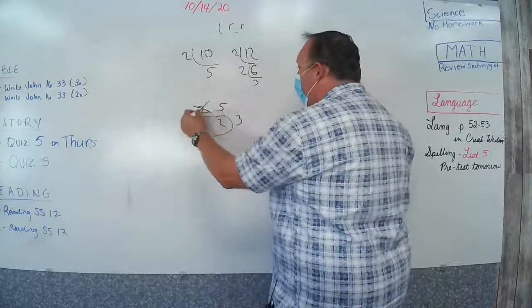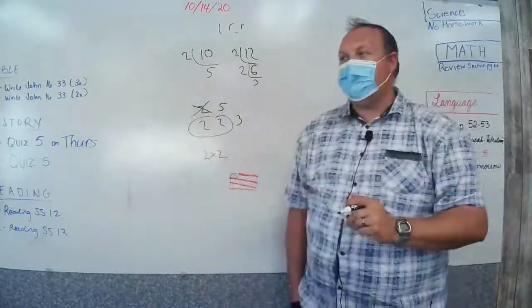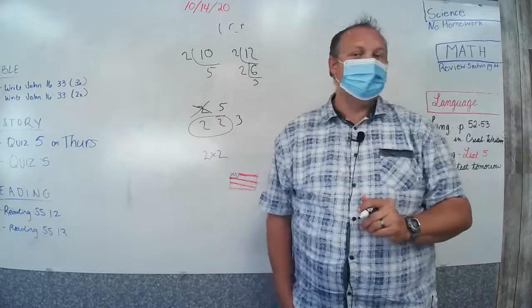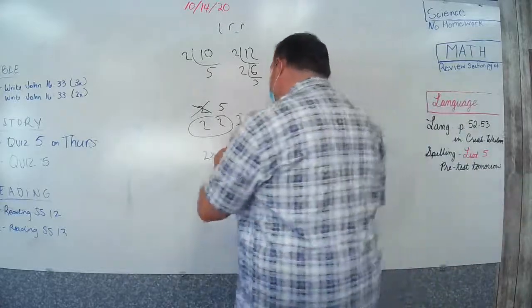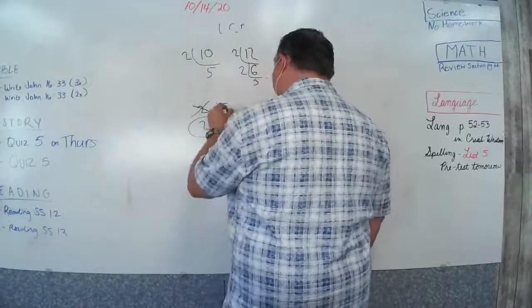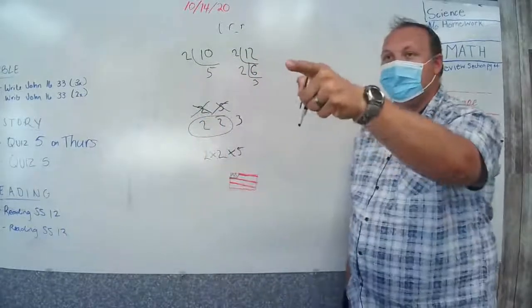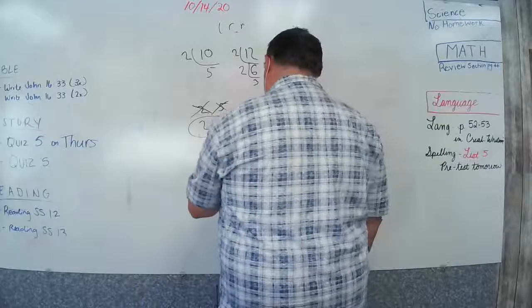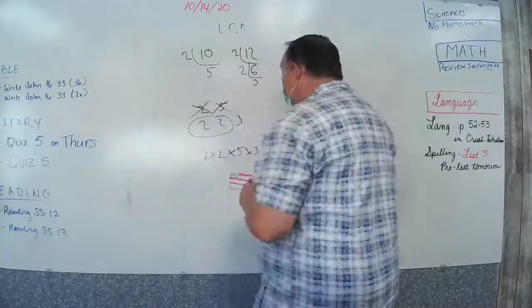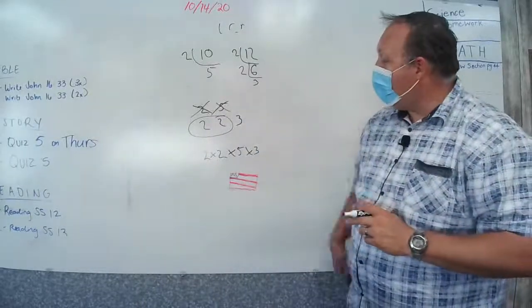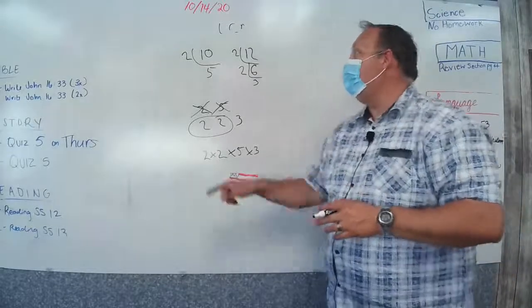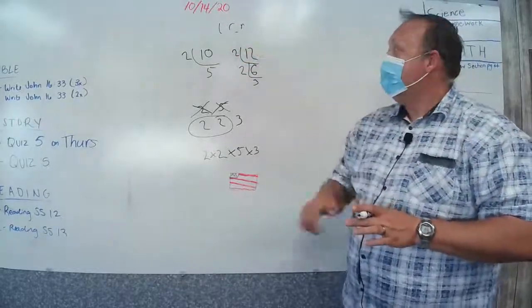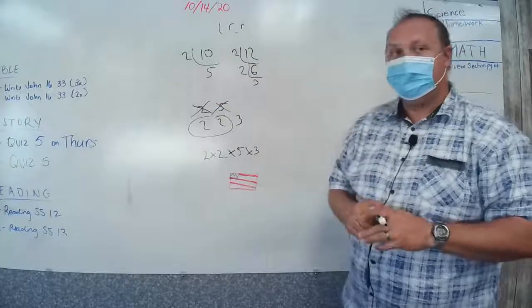Are there any other factors that are being used? 5. 5 is being used. Anything else? 3 is being used. Okay. So now, if I multiply 2 times 2 times 5 times 3, that's going to give me my least common multiple for 10 and 12.